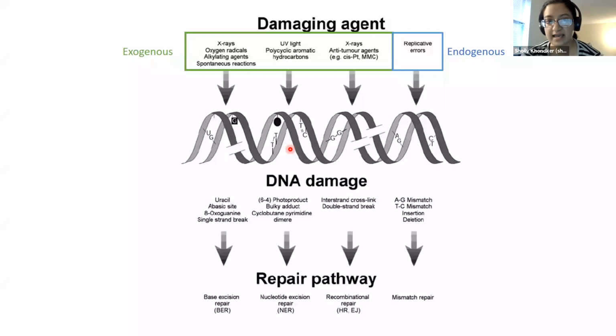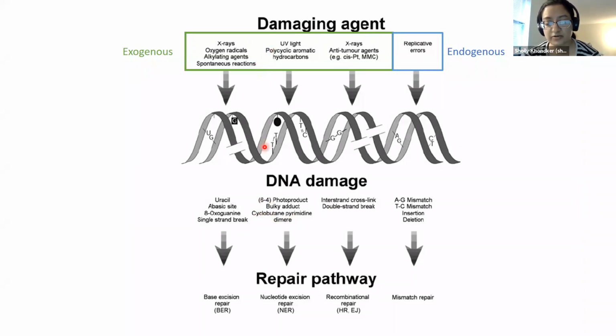UV light exposure and aromatic hydrocarbons can result in the formation of dimers between purines or pyrimidines. So this is what a 6,4 photoproduct is. It's a dimer between two adjacent bases.